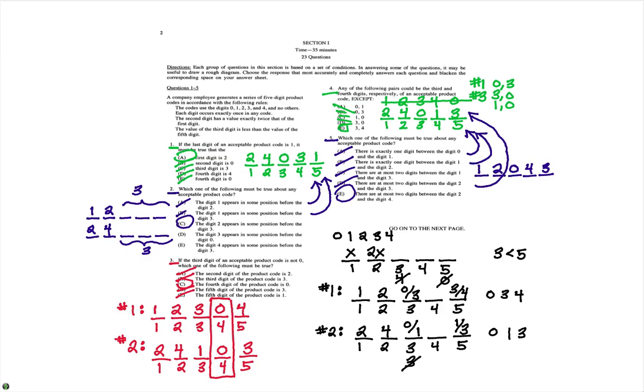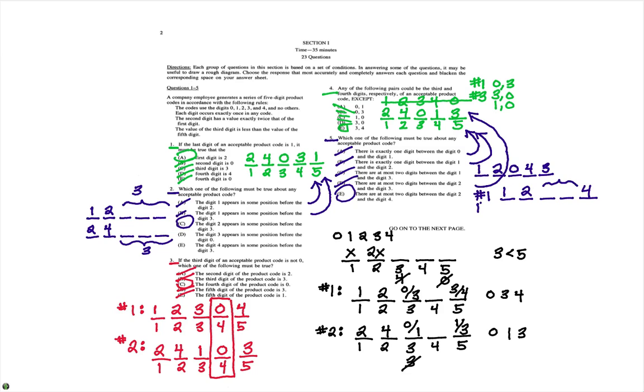But just to make sure, there are at most 2 digits between the 2 and the 4. Again, we know we only have 2 possible scenarios here. Scenario 1, putting 1 first and 2 second. Well, the latest 4 could go in that scenario would be last, the fifth spot, and you notice that here we would have 2 digits max between the 2 and the 4.